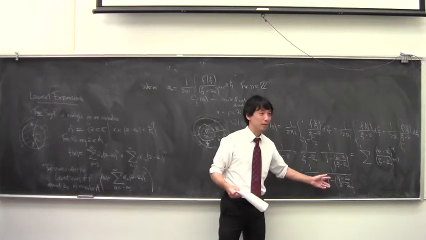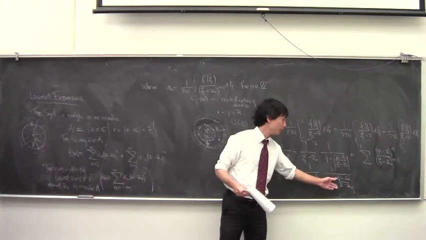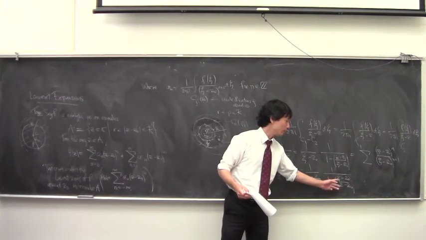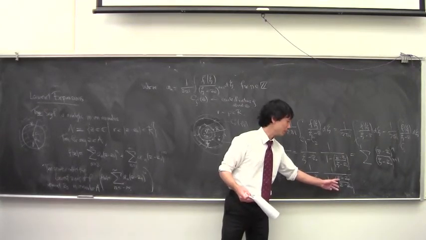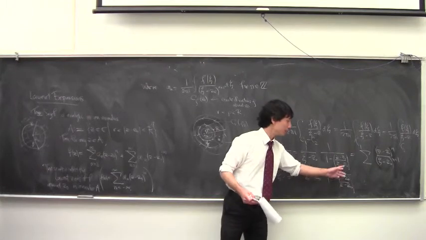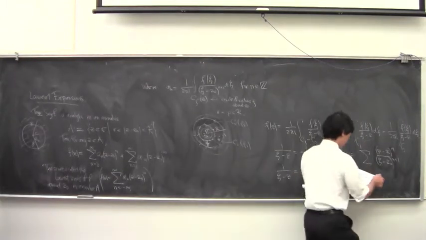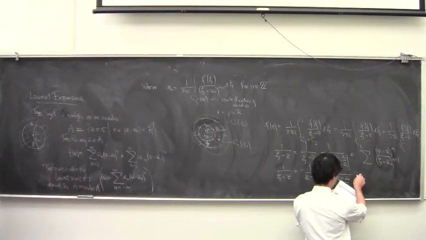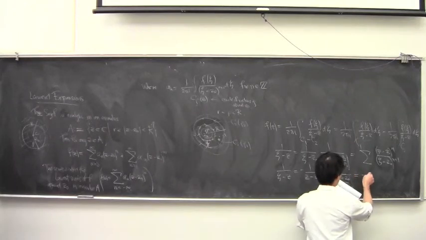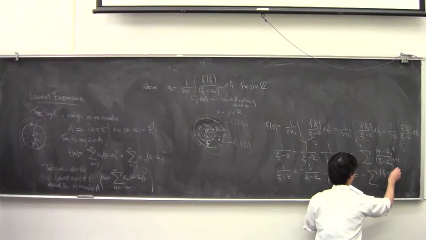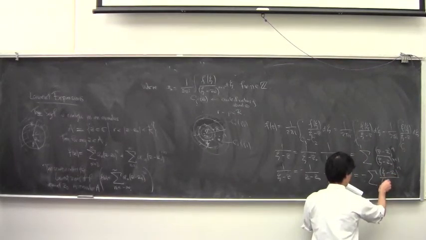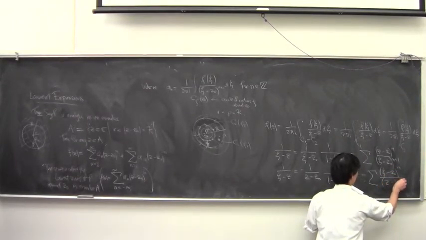So you express it in the opposite way, where this is over that, which is what you want because now you're on the smaller ring, and then this converges. So you get negative summation of zeta minus z naught to the n over z minus z naught to the n plus 1.